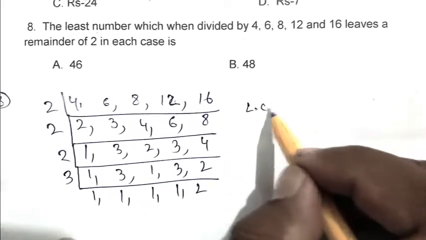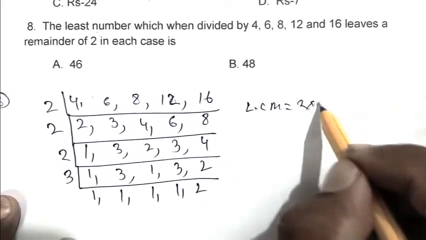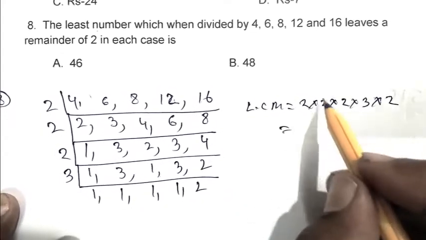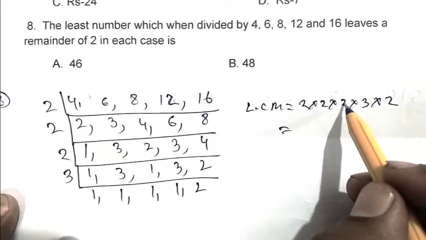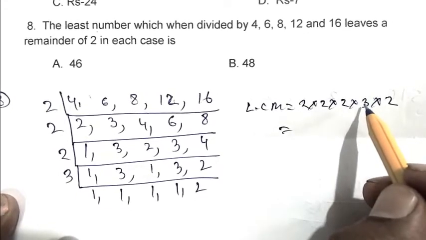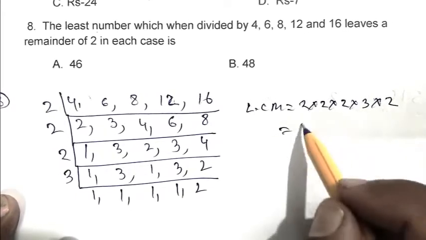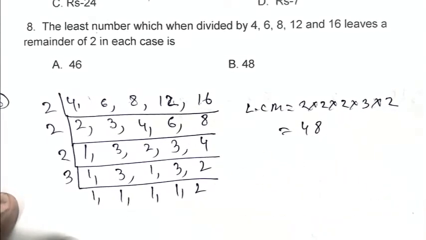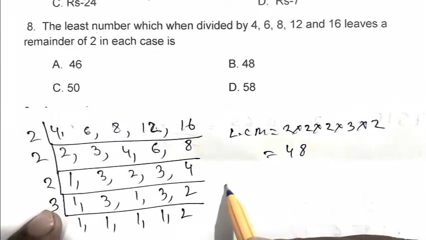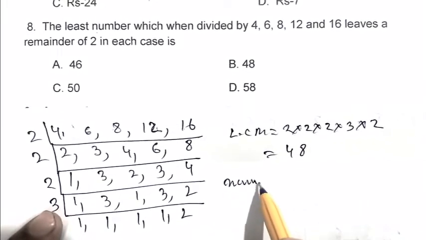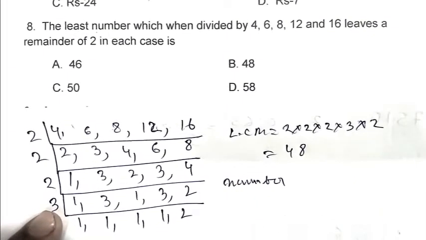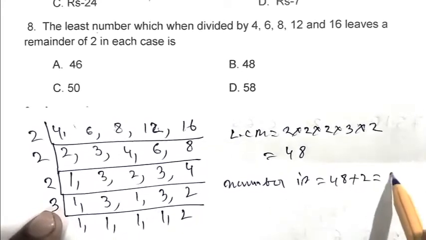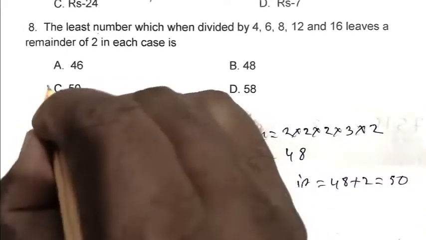So LCM equals 2 into 2 into 2 into 3 into 2, that is 2 into 2 is 4, 4 into 2 is 8, 8 into 3 is 24, 24 into 2 is 48. So LCM is 48. So the required number is 48 plus 2, that is 50. So C is the right answer.